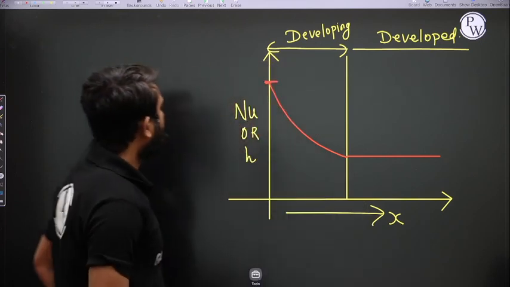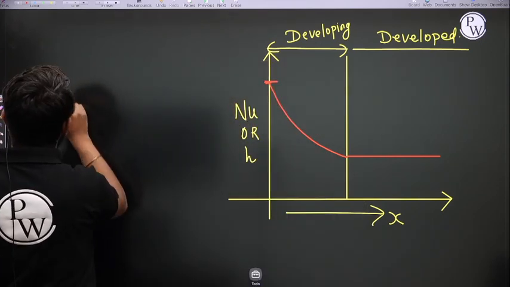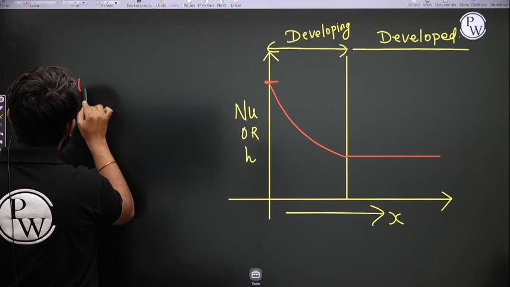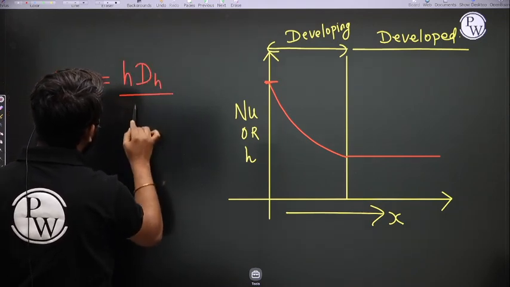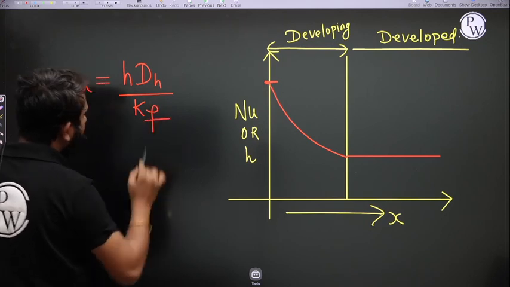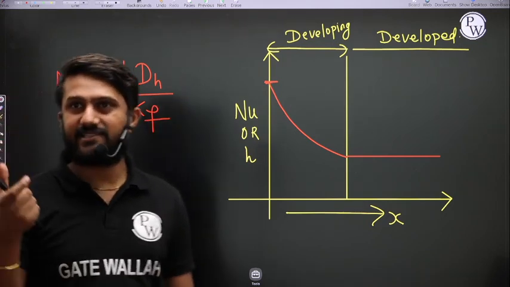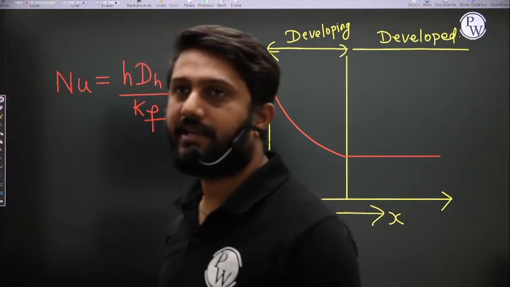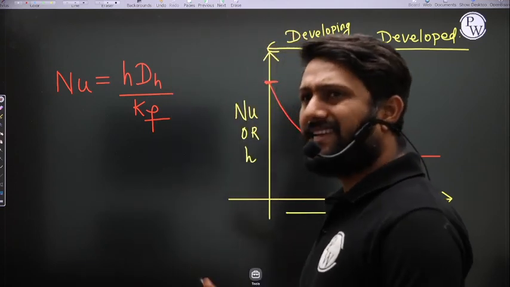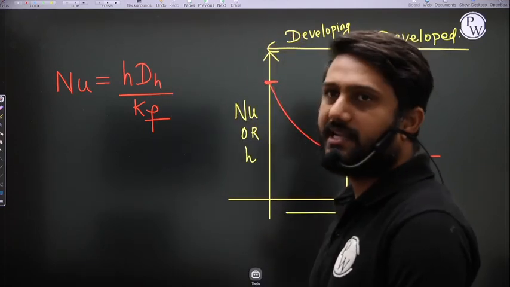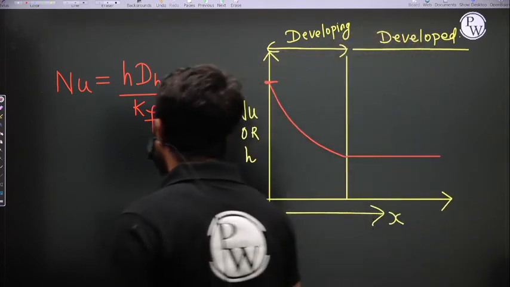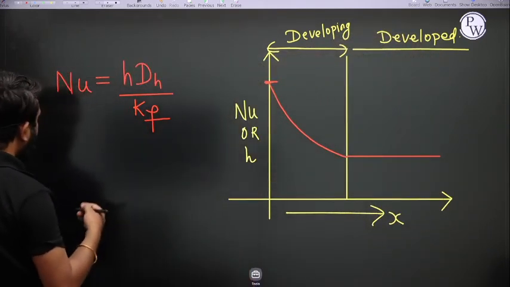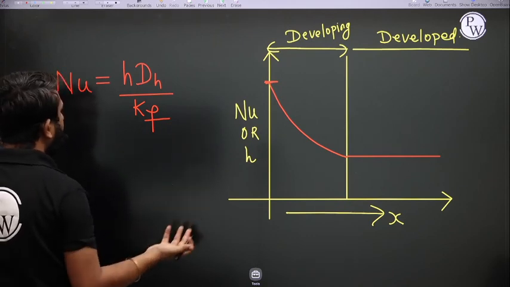In the case of internal flow, the Nusselt number is equal to h dH by Kf. That is, Nusselt number is h Lc by Kf. So for internal flow, the expression is h, the convective heat transfer coefficient, times dH, where dH is the hydraulic diameter. If it is pipe flow, then dH is equal to d.